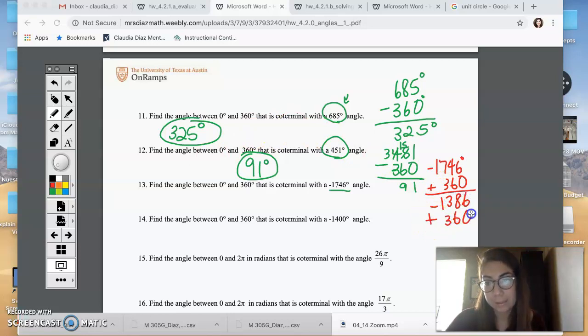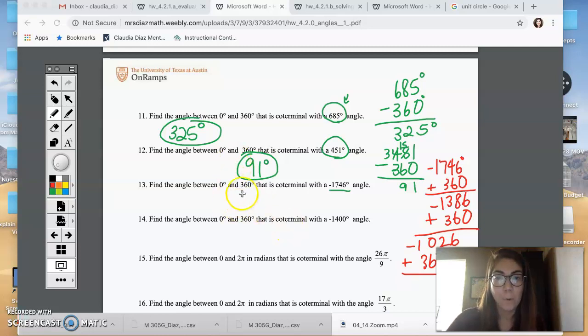Again, we're going to add 360. It's going to give us negative 1,026. Again, plus 360. That's going to give us negative 666 plus 360. Negative 306, close, plus 360, 54. So finally, I kept adding 360 until I got an angle between 0 and 360.